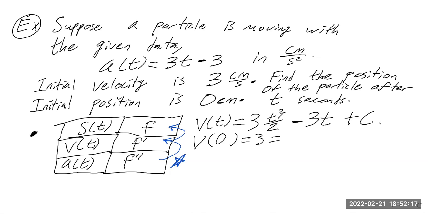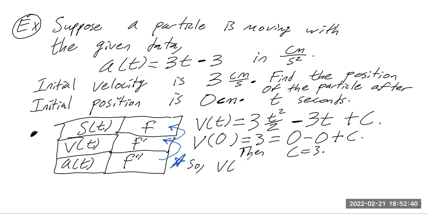Okay, well, when I plug in t to be 0, the first term goes away. Same thing with the second. Okay, it turns out that c is actually equal to 3. All right, well, great.